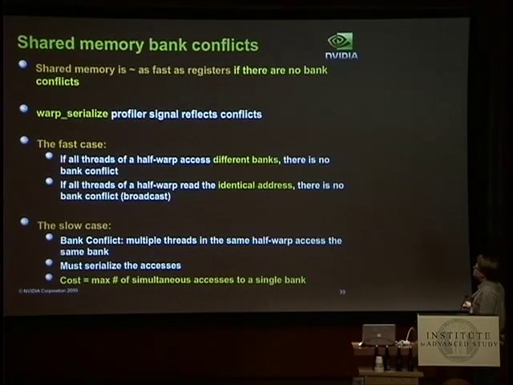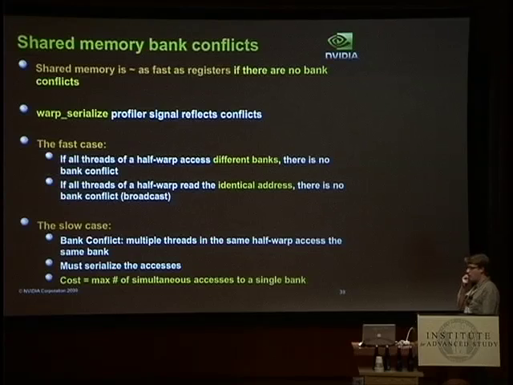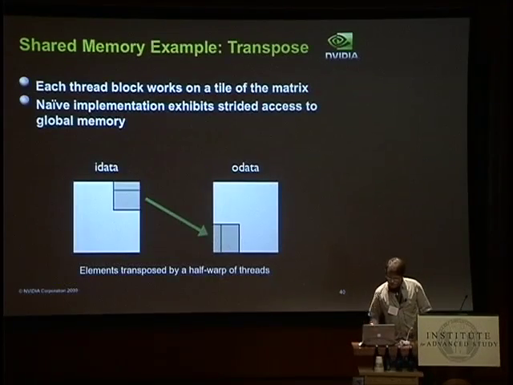If all of the 16 threads read the same address in memory, everything is fine. It's smart enough to go get the thing once and broadcast to the group of threads. Okay? What's slow is if multiple threads of the group of 16 are accessing any of the same banks. And that will serialize the accesses and cost you, as I described before.